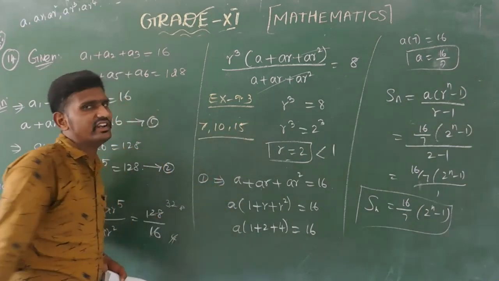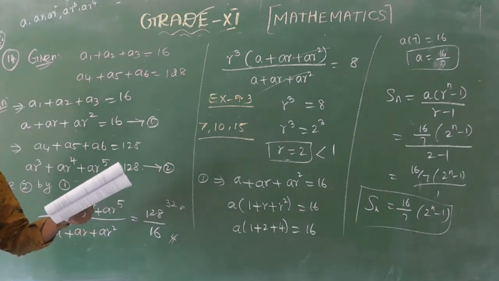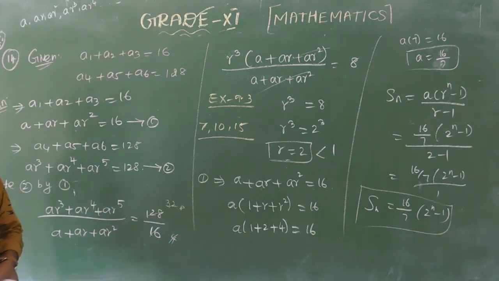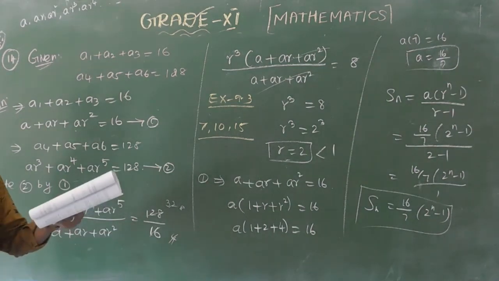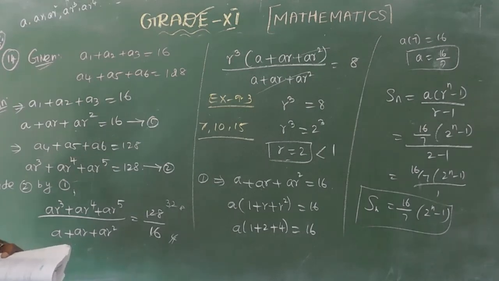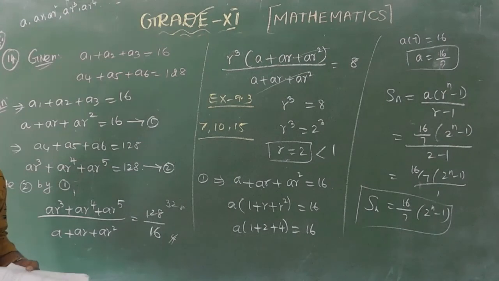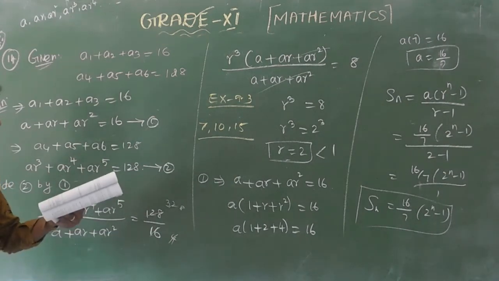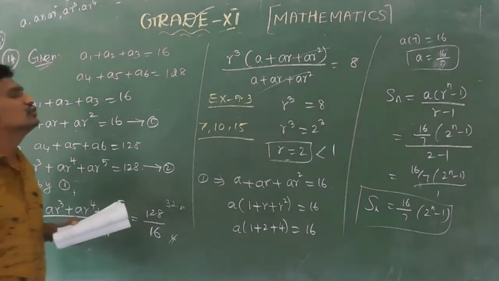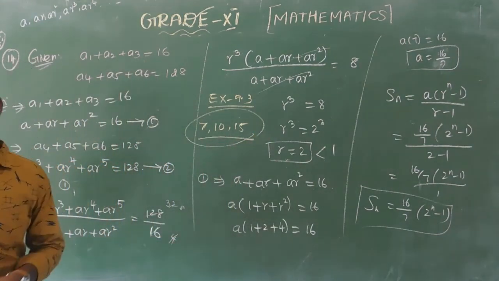Try it yourself. It is very simple, because a is given and the 7th term is given. We need to find S7. From the 7th term, you have to find the value of the common ratio r, and then use the formula for Sn. So these 3 questions are only for your homework for today's class.